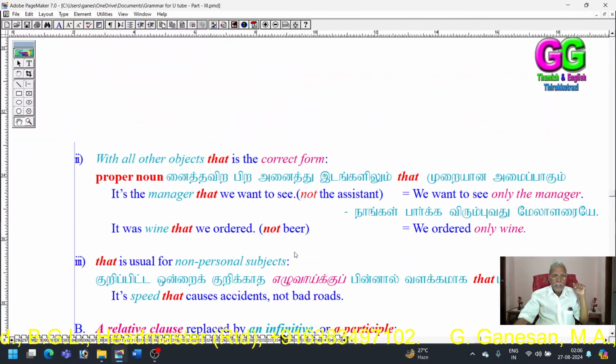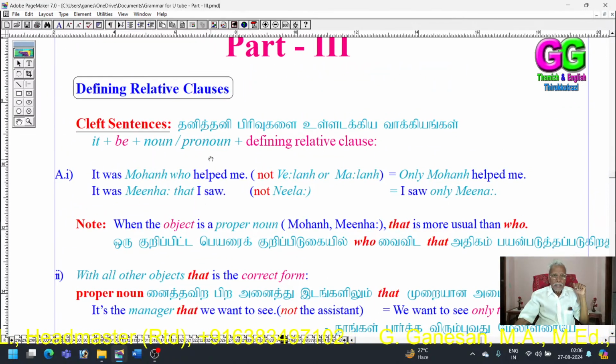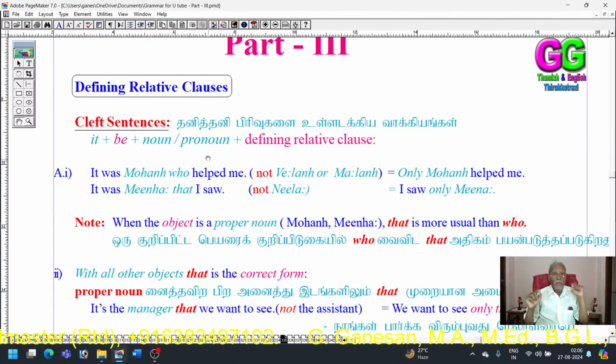So, my dear students, in the first example, we will see the rules. When the cleft sentence has the form it plus be plus noun or pronoun plus clause, what are the rules to frame the sentences? I mean, the defining relative clause. When the object is a proper noun, we can use either who or that.